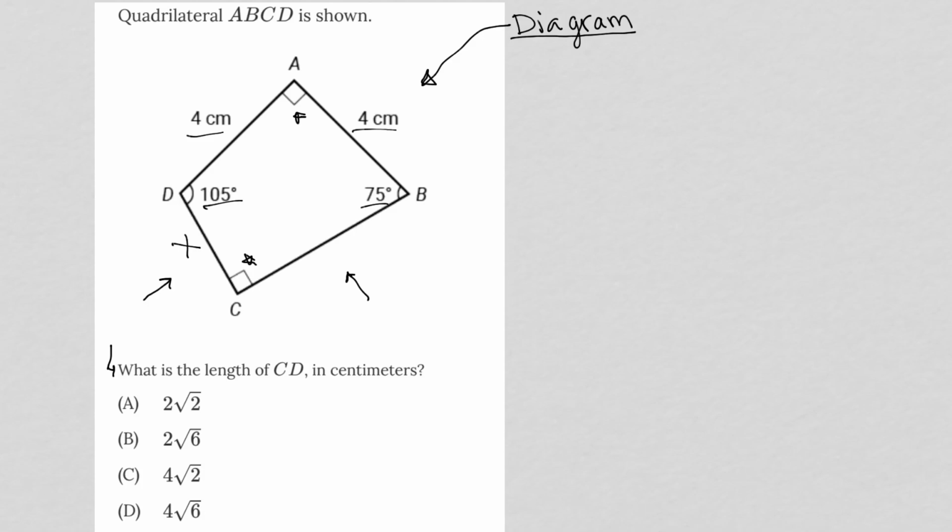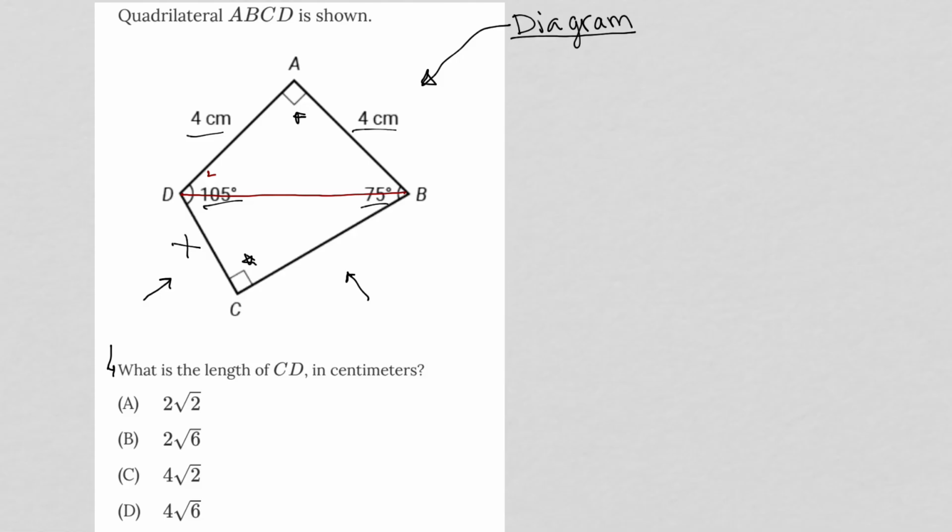Well, if I were to draw a line here, it's my first thought, I would know that that must be a 45, 45, 90 right triangle.